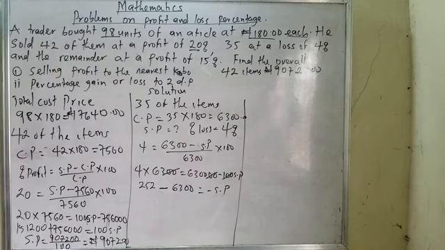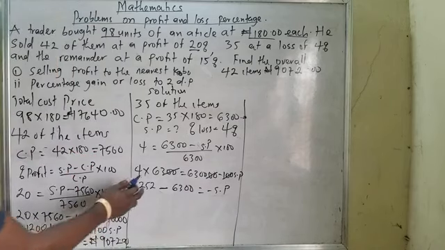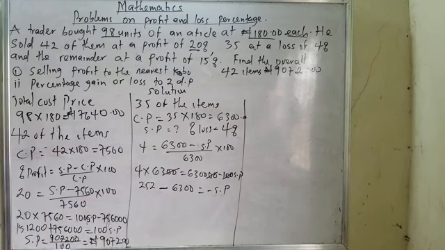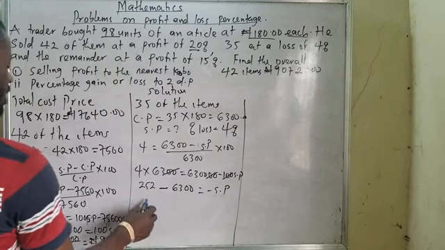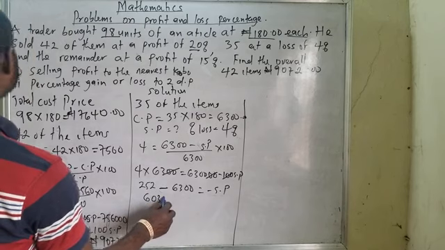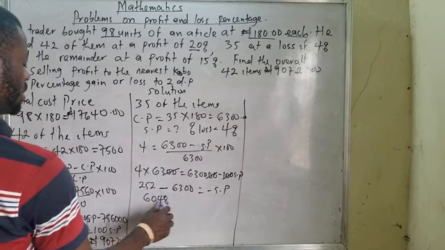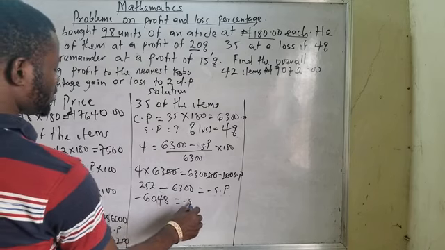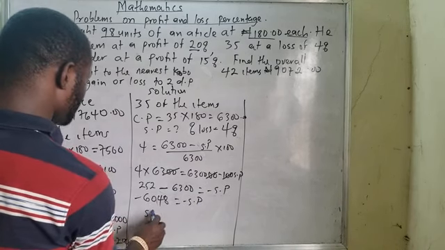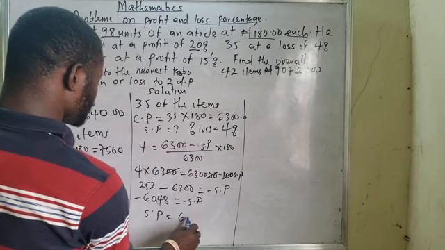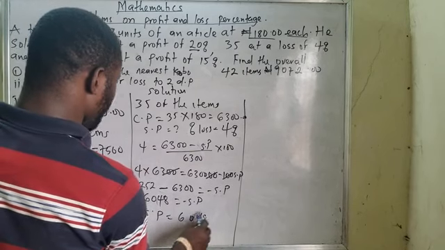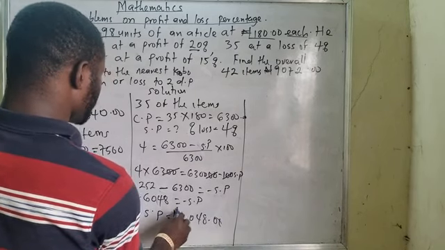That is what I will do. This minus this will be 6,048 equals selling price. It means my selling price equals 6,048 naira. That is my selling price.